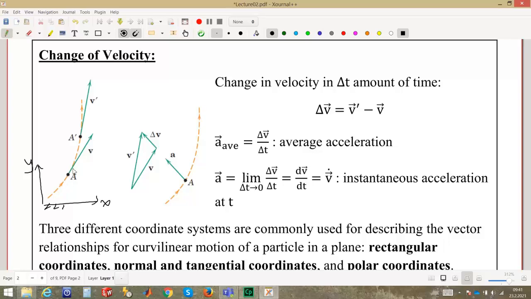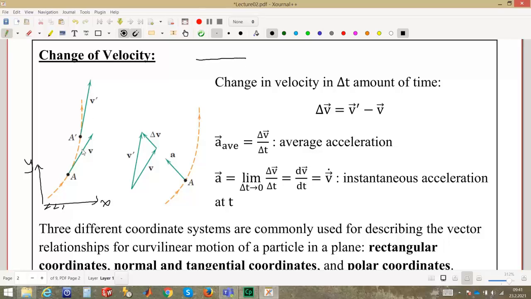However, as we have the information about the velocity at each point, we know that the velocity is always tangent to the path. So at point A, it is tangent to the path. At point A prime, it is still tangent to the path. If it was a rectilinear case, then the velocity would always be in the same direction.